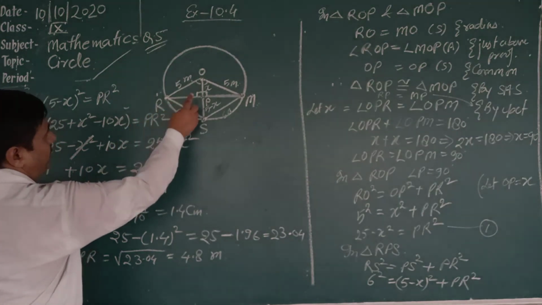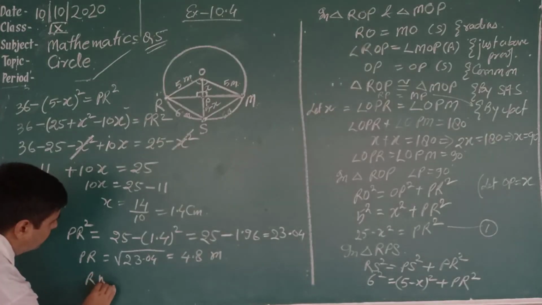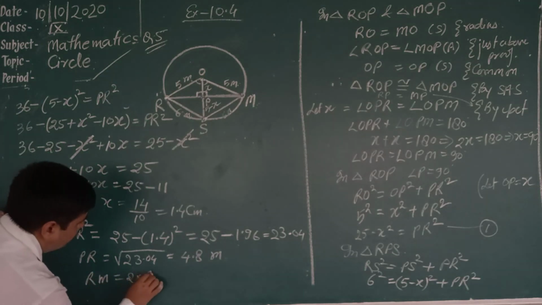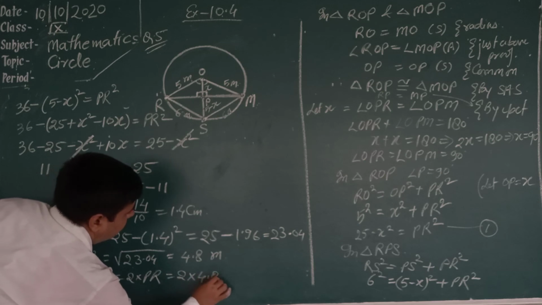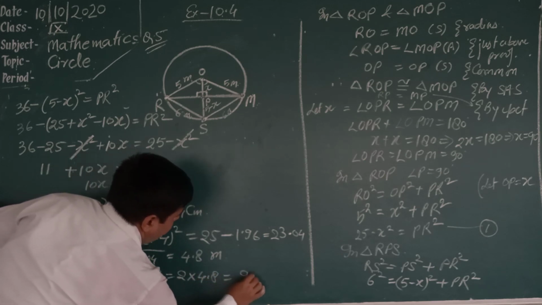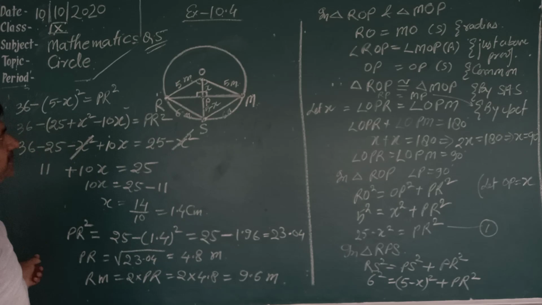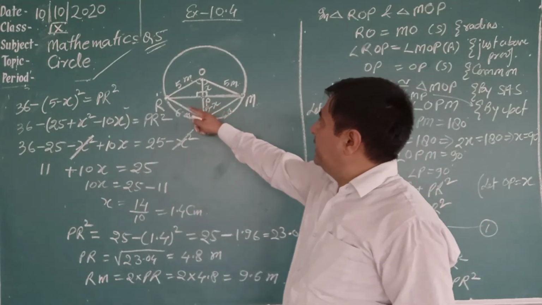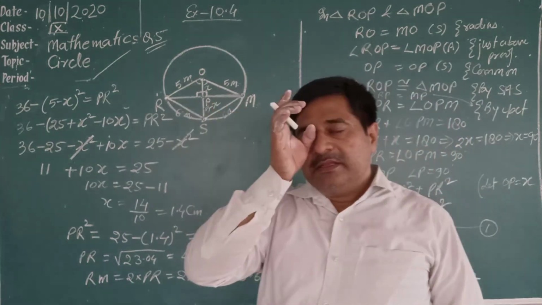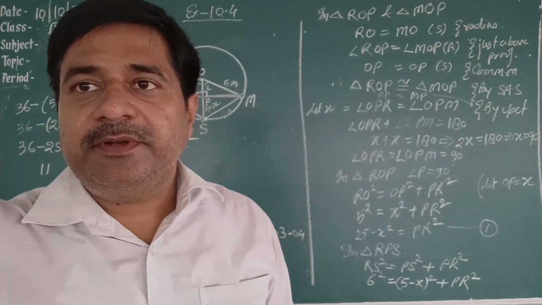PR is 4.8, so RM equals twice PR, that is 2 into 4.8, that is 9.6 meters. So the distance between Reshma and Mandeep is 9.6 meters. Thank you.